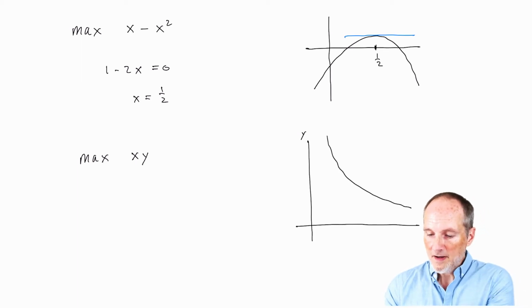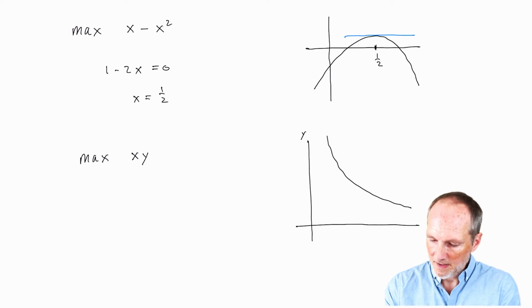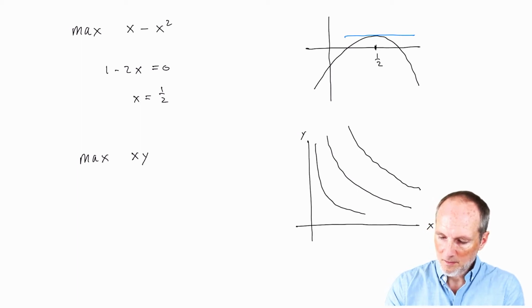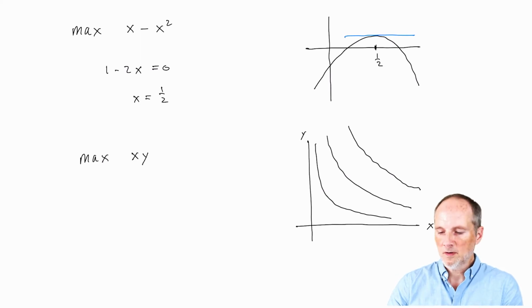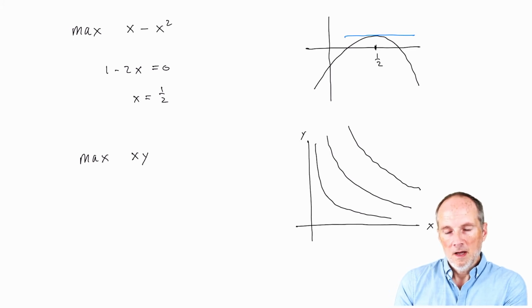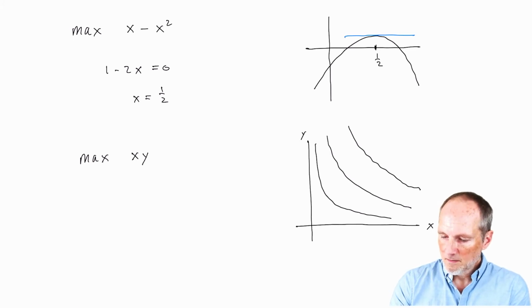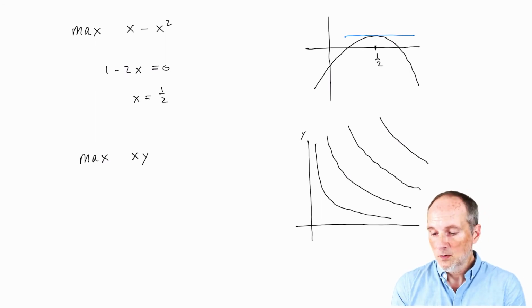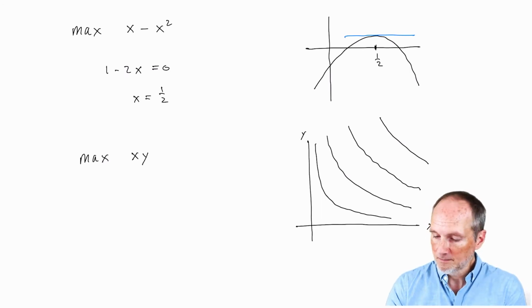For a higher value of the function, again, we'll have a curve. For a lower value, we'll have a curve, and there's going to be an infinite number of curves like that. Each curve corresponds to a value of the function, and curves that are higher, further to the northeast, correspond to higher values of the function.